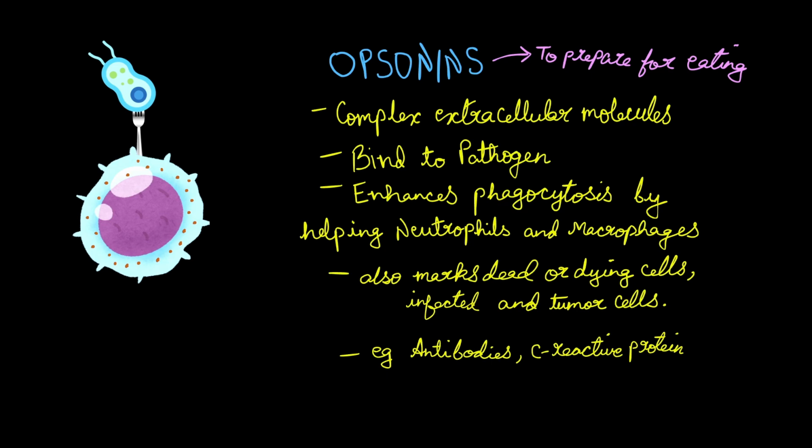Another example which you might also have heard of is the C-reactive protein or CRP, which is produced by the liver in response to interleukin 6, and we actually measure the level of CRP in patients to assess how much inflammation, if present, there is in the body, and it can be a really good indicator of the severity of infection that the patient is suffering from.